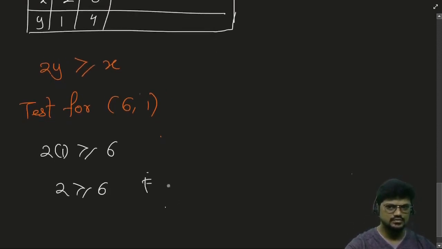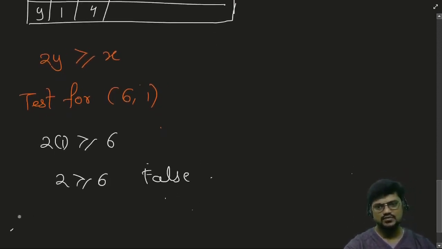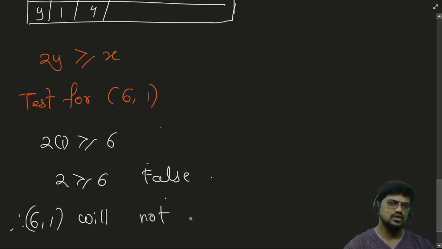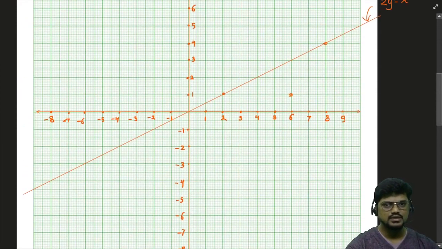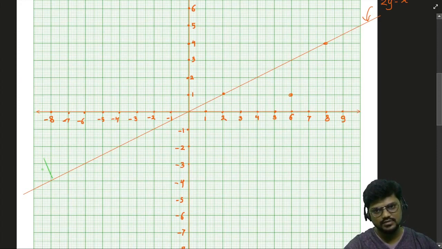So therefore 6 comma 1 will not lie in the feasible region. If 6 comma 1 does not come, then the region will be the upper side one. Yes or no?